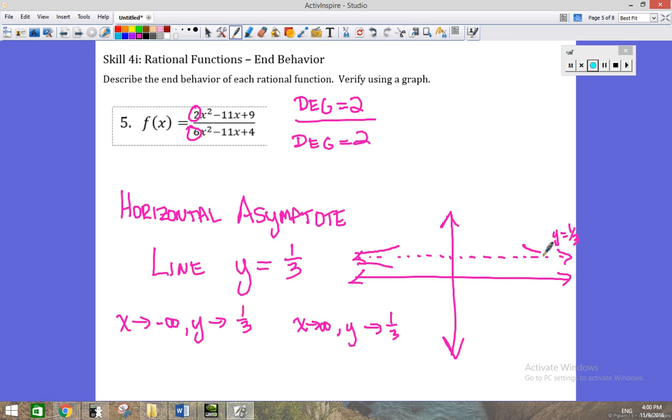But I don't know, is it getting closer to that line from above or from below? But I know that when you're far away from the origin, my graph is going to get closer and closer to the line y equals 1/3. Let's see if we can see that in a graph if we go to this online graphing calculator at desmos.com.